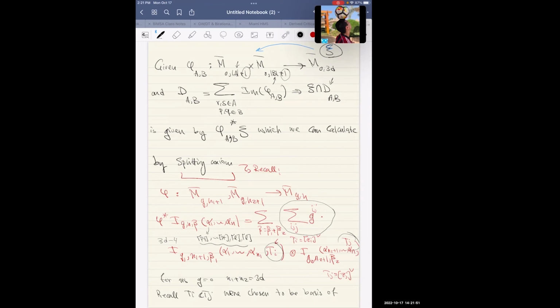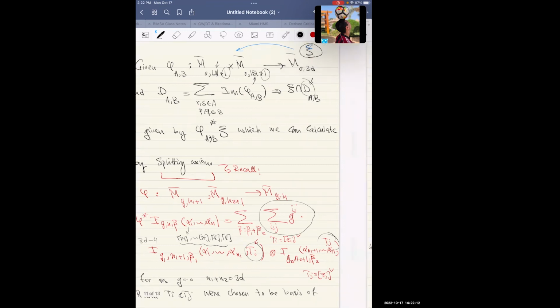So in some sense, we are doing two things in here. We are pulling back C, which is our Gromov-Witten class, which happens to be a divisor. And we are pulling back these DABs also. So in the product, we are intersecting them. So two things are being pulled back and then being intersected in the product. Yeah.